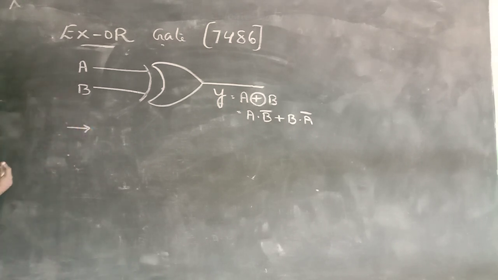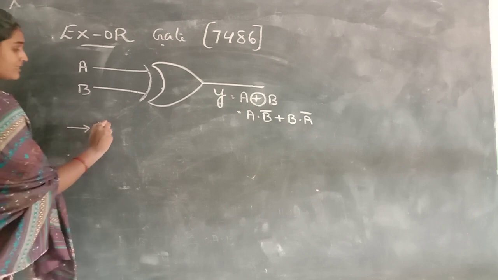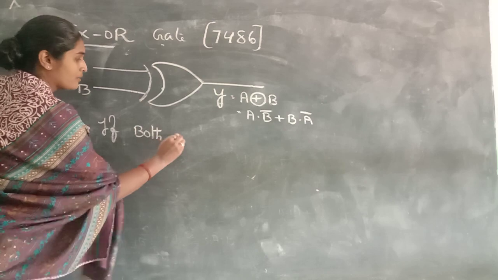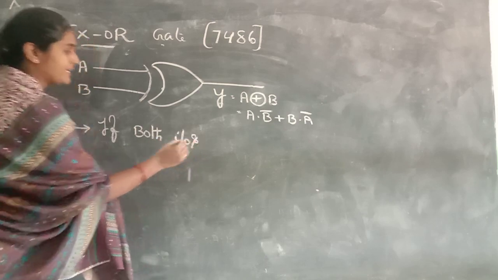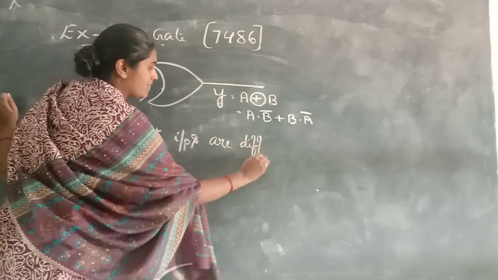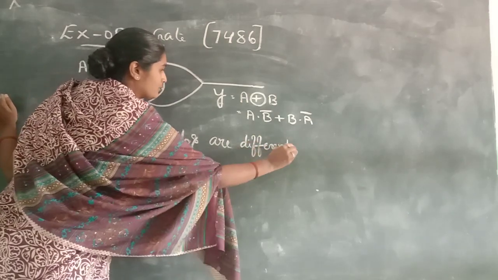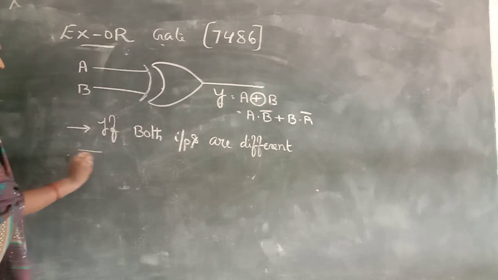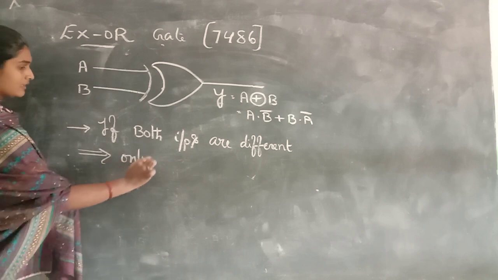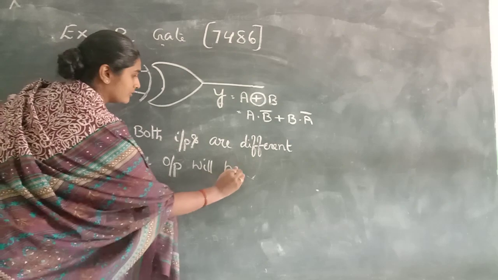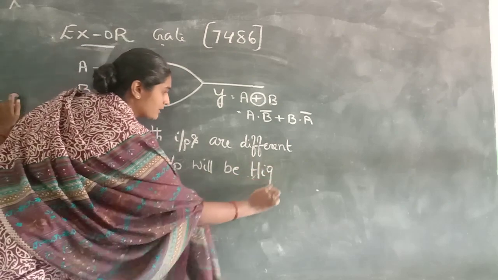And next, what does it represent? If both inputs are different, that means one input is high and the other input is low, or one input is low and one input is high, like that, when both inputs are different, then only the output will be high.